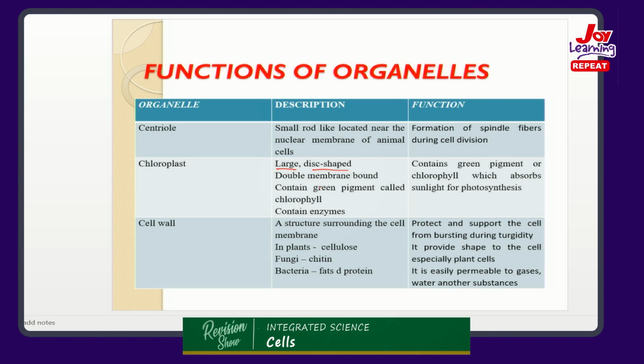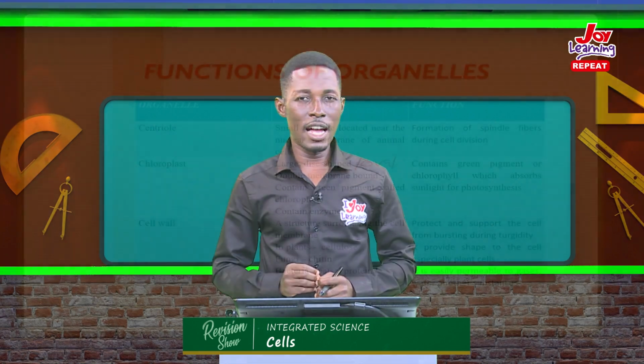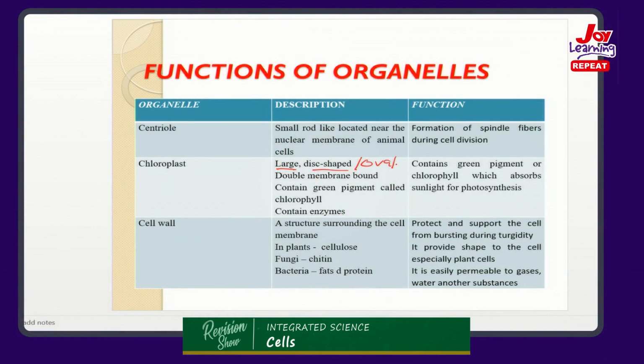So let's put oval here, so that in the exams, you'll be able to identify how it looks like. Its job, from JHS to now, you know that it contains what? A green pigment. So the green plants that you have all contain a green pigment. And that pigment is called the chlorophyll. So chlorophyll is found inside the chloroplast and its job is to trap sunlight for absorption.